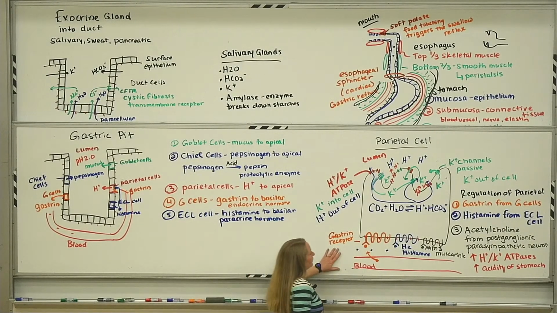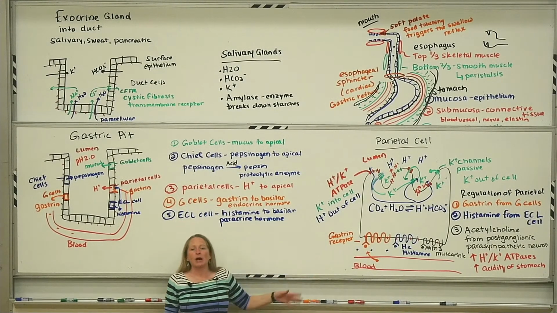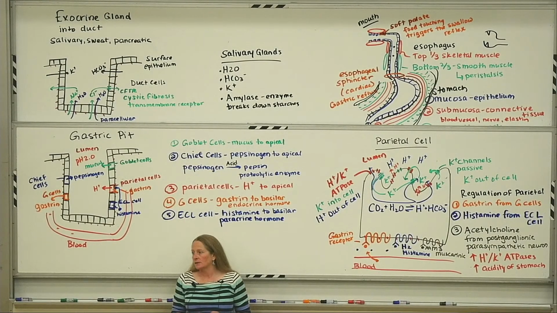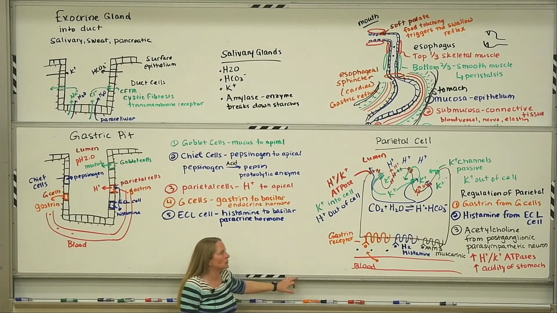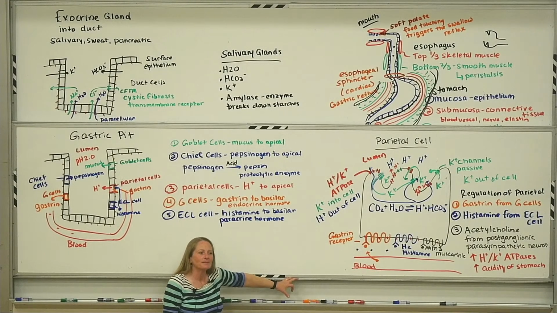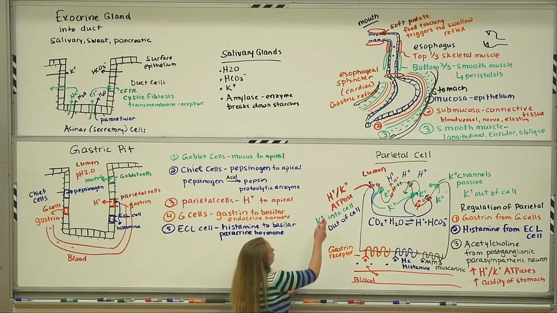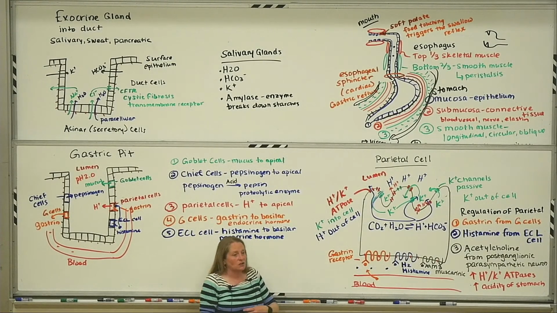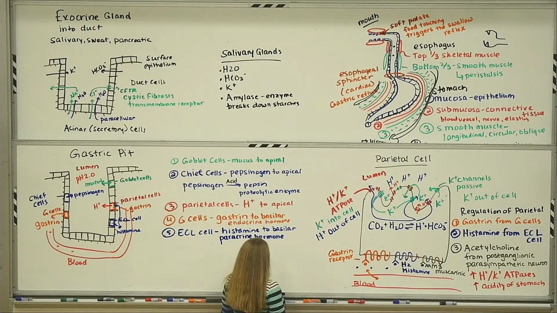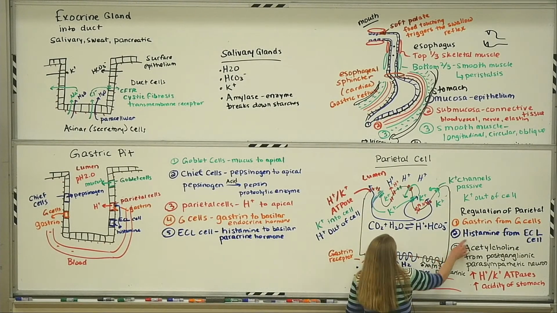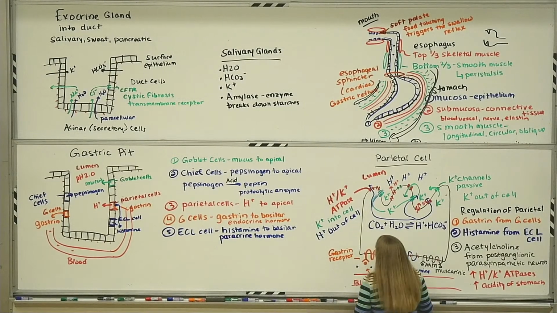All right, so this is good, mostly if it's working properly, but we all know it doesn't always. Some people end up with way too much stomach acid. Sometimes that stomach acid starts coming back up as gastric reflux. Yeah, I said it right, gastric reflux. Besides actually treating for a problem with an esophageal sphincter, you can also control the hydrogen ions here as well. And there's two main methods of doing this. I don't have space. The first one, the oldest one, is to target these histamine GPCRs, these H2s.